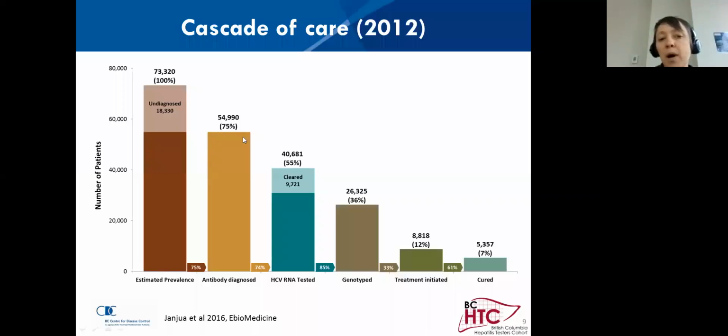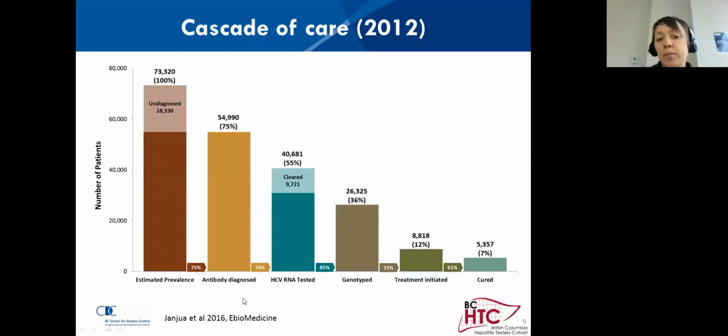So we had about 55,000 people that were positive during this period in our cohort. But we know that about 25% of the cases go undiagnosed. So when we add that 25% to that 55,000 people, then we get a total of 73,000 positive cases of hepatitis C in that period.